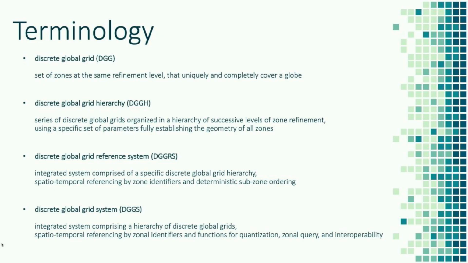Then we need a discrete global grid reference system, DGGRS. I might mix up every now and then: we say DGGRS, sometimes we say DGGS. Most of the time we mean that this DGGS needs an integrated indexing system to address the discrete global grid hierarchy and the zones.